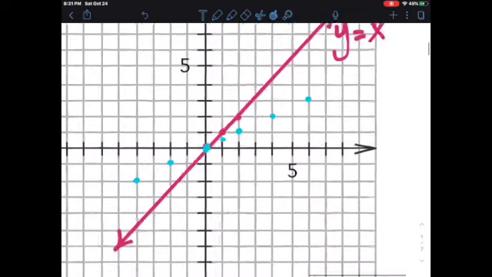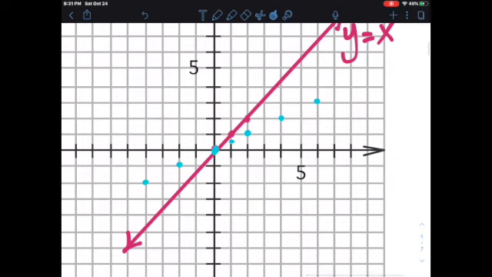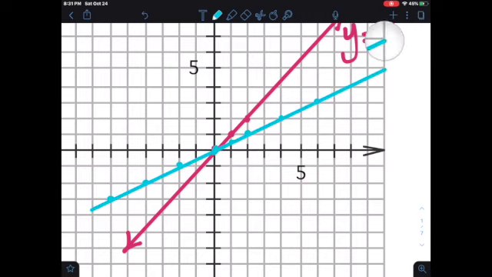I try to dot the line a little bit so I can actually see it, because the line actually has a pattern. So I can connect them easily. And that is the line y equals half x.